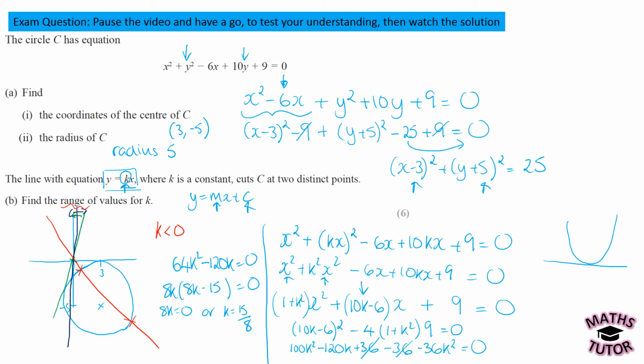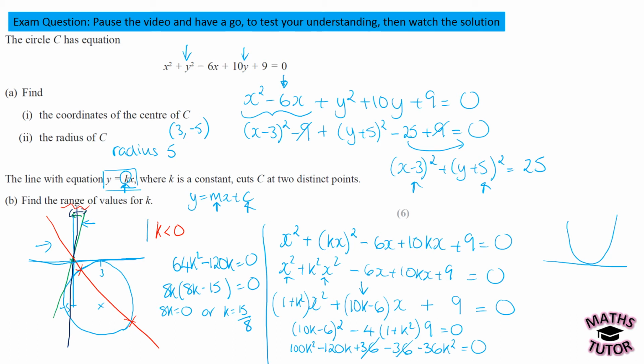we have just got the line y equals 0, so that is just going to be this line here, and then all the lines where k is less than that are going to be in this quadrant, so the red lines. And then the lines where k is equal to 15 over 8 is going to be this green line here, and we want any lines that are steeper than that.